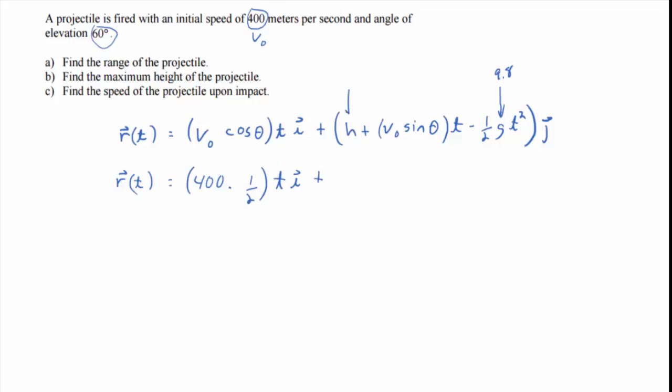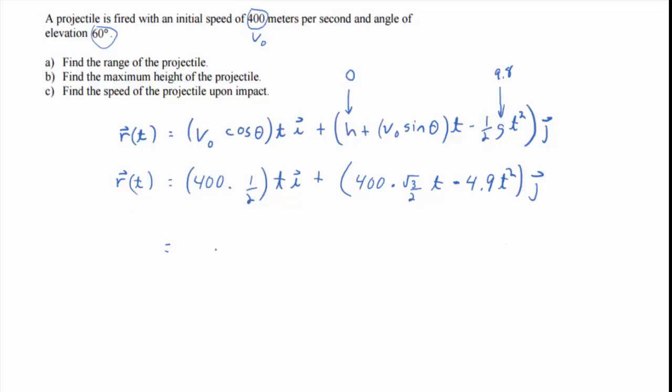Okay, h is 0, I said you could assume. So we're going to get 400. What's the sine of 60? Root 3 over 2. And don't forget the t. And then what do we get when we take 1/2 times 9.8? 4.9 t squared j.